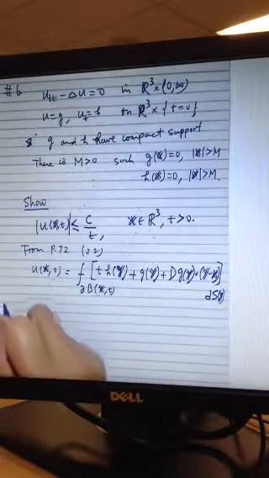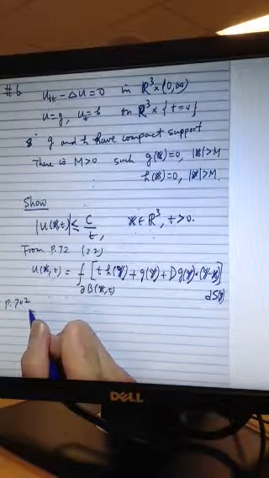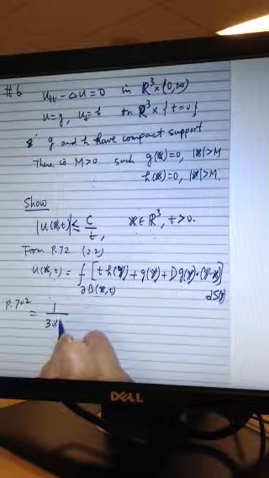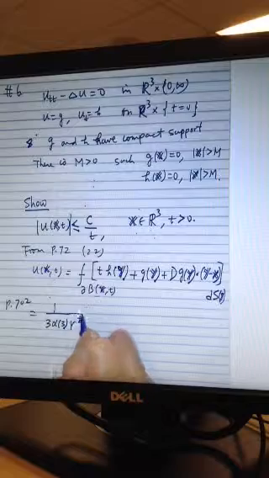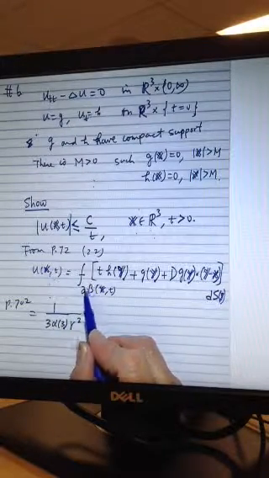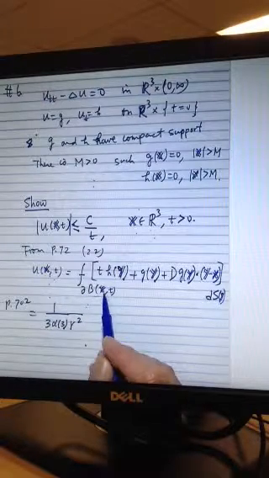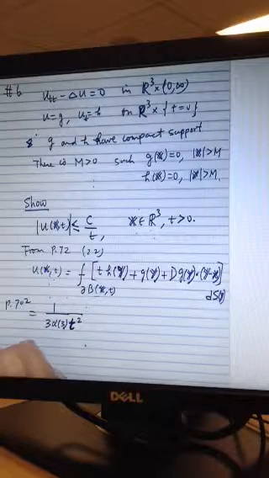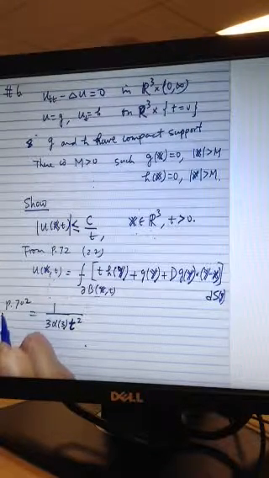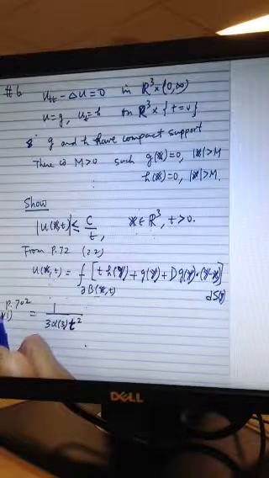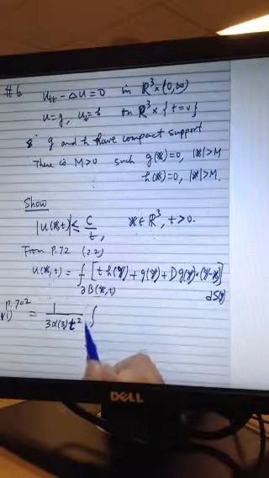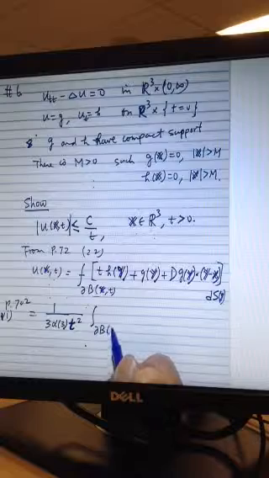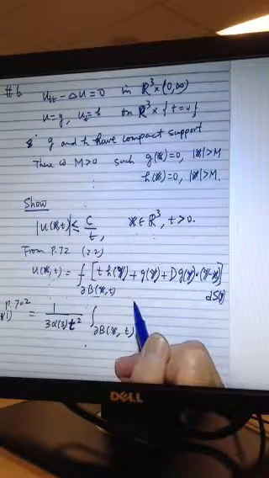It is equal to 1 over n alpha n, R to the n minus 1, and in our case R will be T. Page 702, formula 4, integral on the boundary of the ball x, t of our function f.